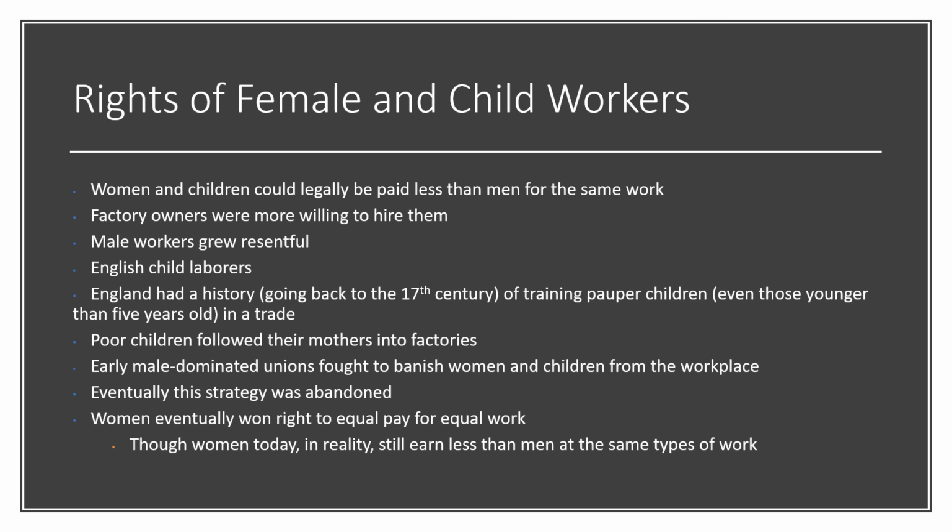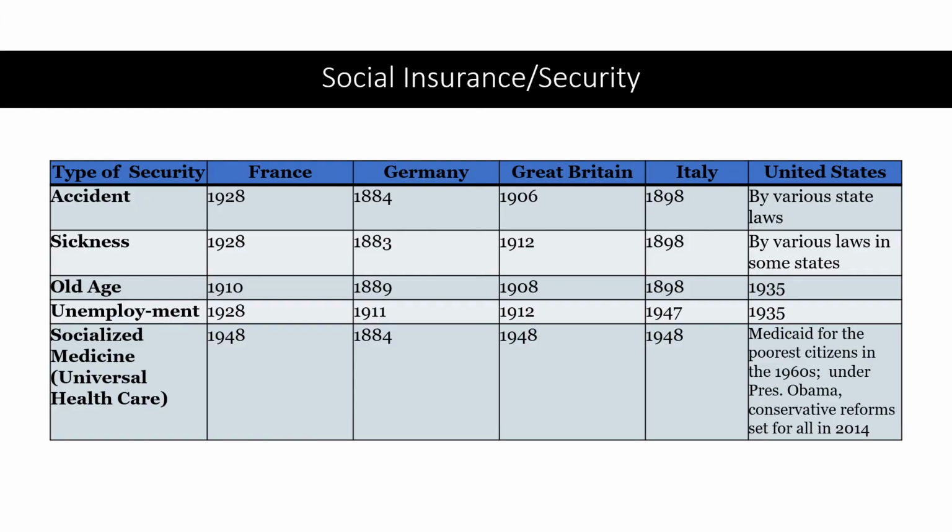Every male-dominated union would banish women and children from the workplace. Eventually, though, these strategies would be abandoned, and women would win the right to equal pay for equal work. Even though today, in reality, women and men don't make the same amount. That is still very much a work in progress.